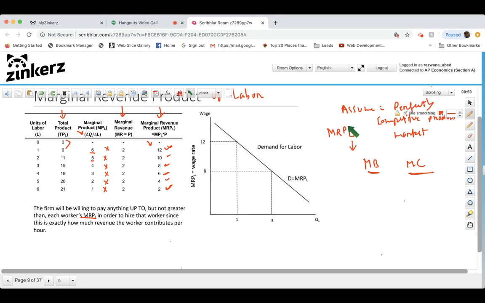But for now, we're looking at one side of the equation, the marginal benefit, which the marginal revenue product of labor represents. So what is the value to me of hiring additional workers? The value for that worker to me is how much extra revenue that worker adds to my total revenue.